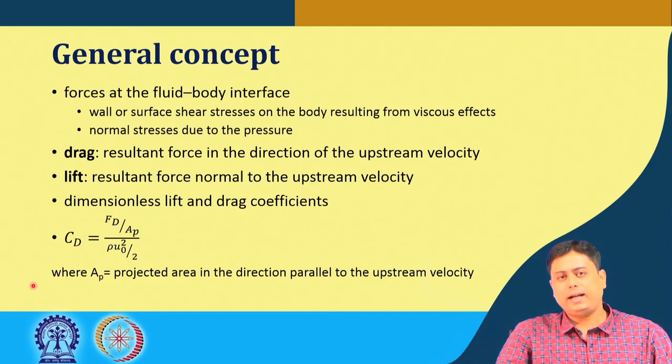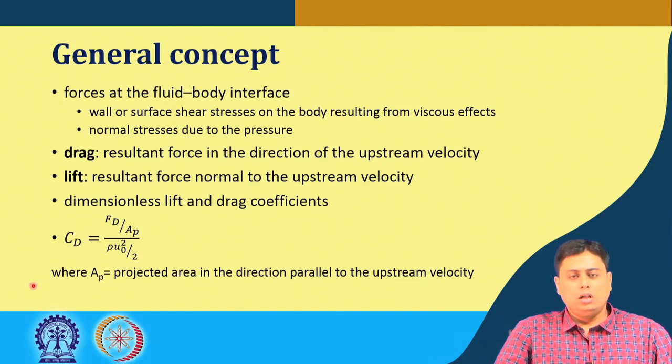So, the forces that act on the fluid-body interface are principally two types of forces. One is the wall or surface shear stress on the body resulting from the viscous effect. Okay. This is mainly due to the fluid viscosity, which gives us the wall or surface shear stresses, and there is a normal stress due to the pressure.